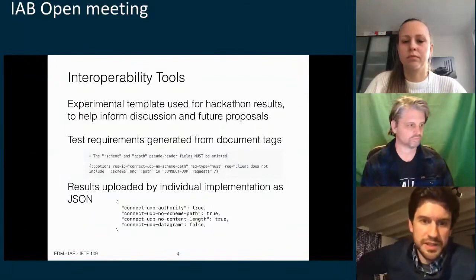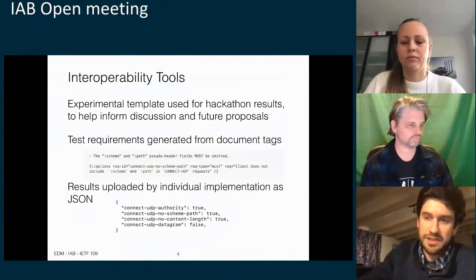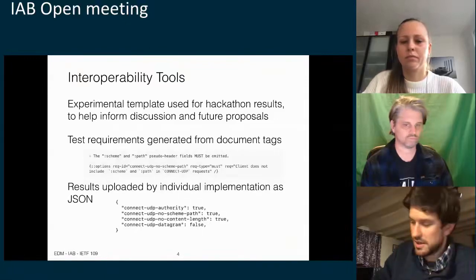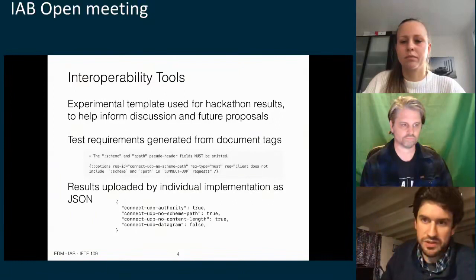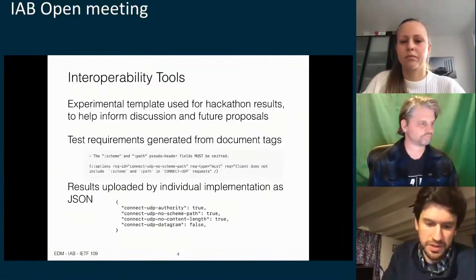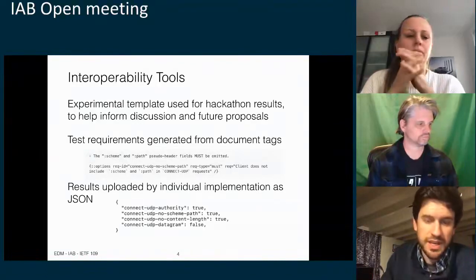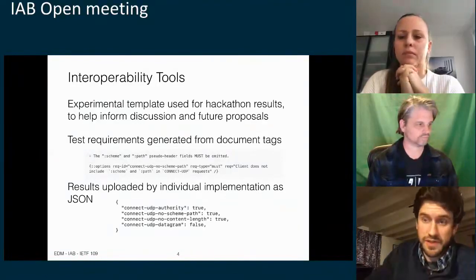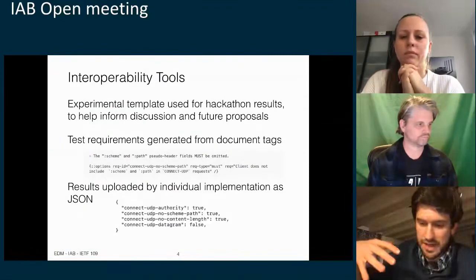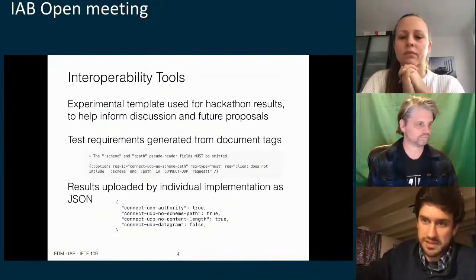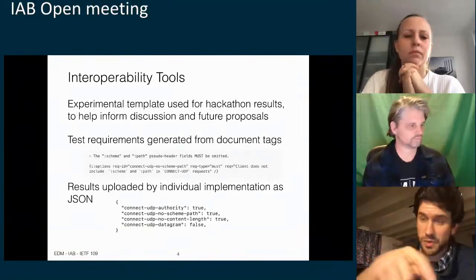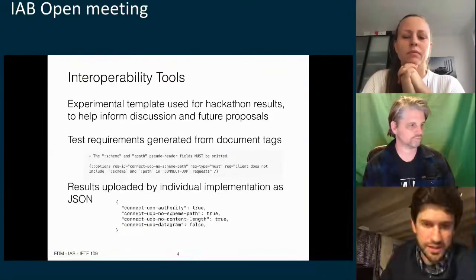In this case, we defined some tags that we could add to markdown files for drafts that would annotate which requirements need to be tested or validated as you're building an implementation, specifically to ensure that you are interoperable, but also that you're following some of the requirements we have around extensibility. Then this generates a file that actual implementations, as they're doing testing, can just upload a JSON to say whether or not they pass that given test. So next slide.